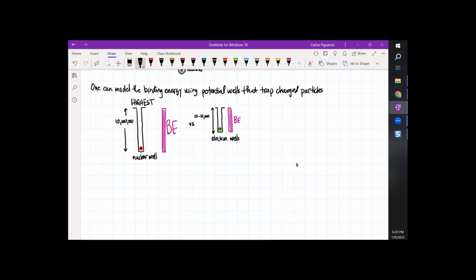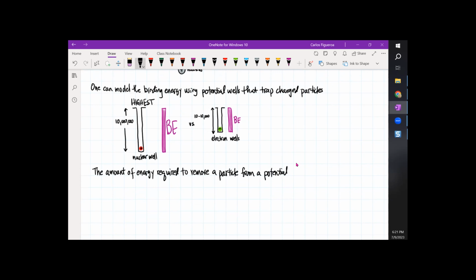So here's what we find. The amount of energy required to remove a particle from a potential well.